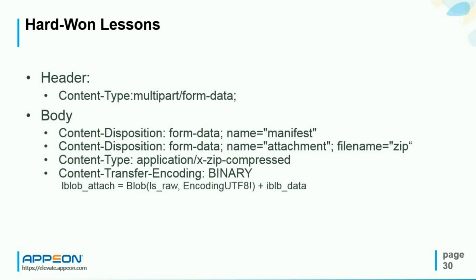And we tell the name of the zip, and we have to tell it that it's an XZip compressed type application, and that the transfer is going to be encoded as binary. And also we learned that when we send things out, if we're sending blobs, we need to encode them in UTF-8.